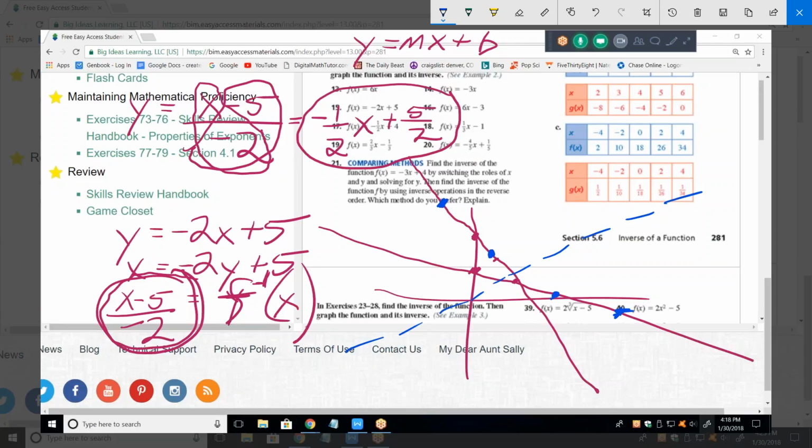So figuring out how to reflect over the blue line is not the easiest thing in the world to do. In fact, in these cases, it's actually easier to just put it into y equal mx plus b format and graph it. It's a linear equation. Once you know it's linear, if you can get it into y equal mx plus b format, you can graph them.